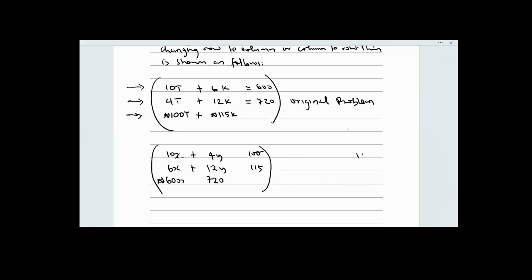Okay. X plus another naira, 720 of Y. So this represents the dual. This is how to find the dual problem.